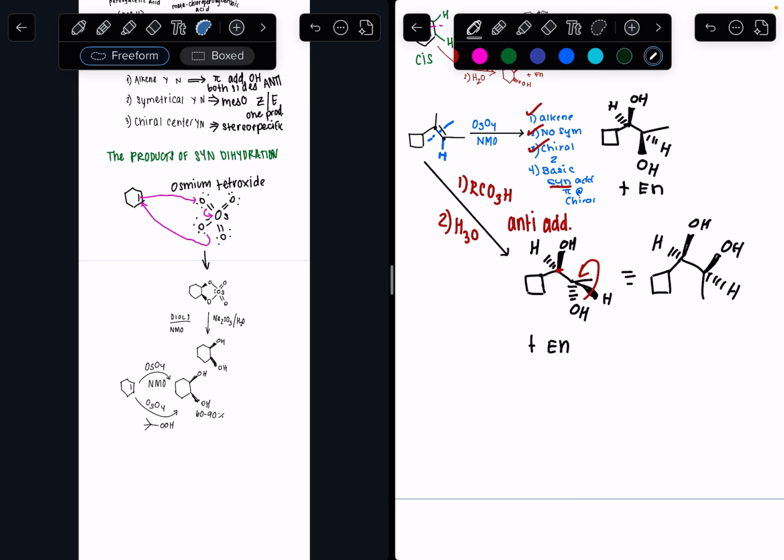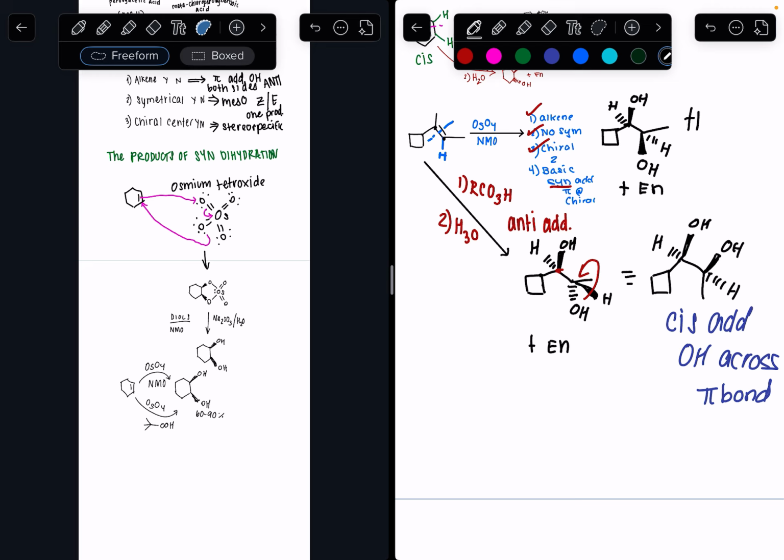So now we see that these are the same. We can see that this forms a cis addition of oxygen, well, alcohol, across your pi bond. And then this produced, I should have written this in black, a trans.